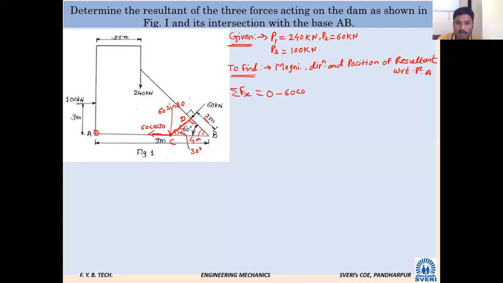Minus, because it is going towards left. And one force remains, 100 kilonewton, a horizontal force, plus 100. Tell me this calculation. 48.03 kilonewton.